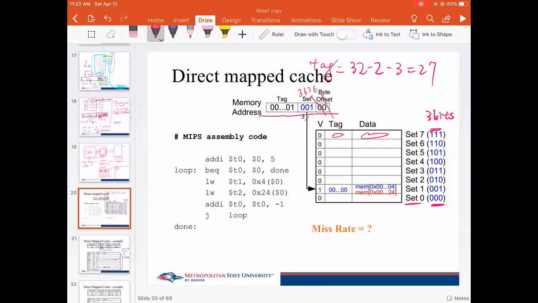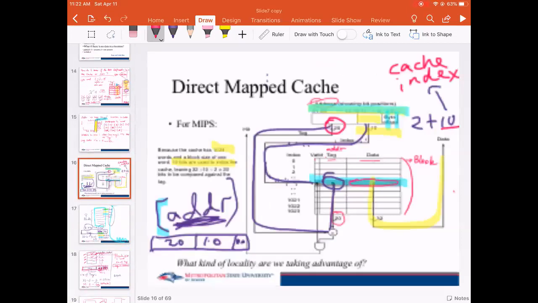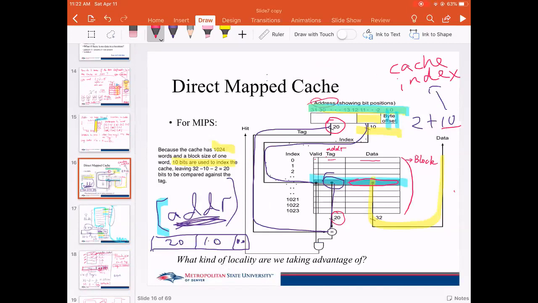So how do you use the cache? We looked at some examples last time. For example, if I have 1024 rows for my cache, and remember, each block here is 32 bits of data. However, I do not need to store all the 32 bits of address for each 32 bit data.